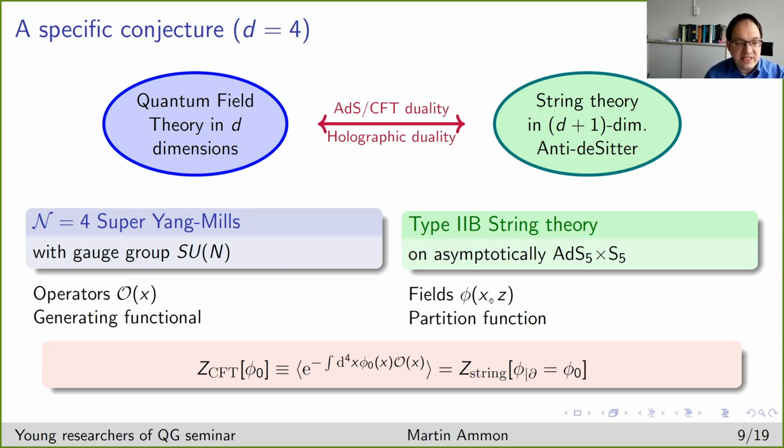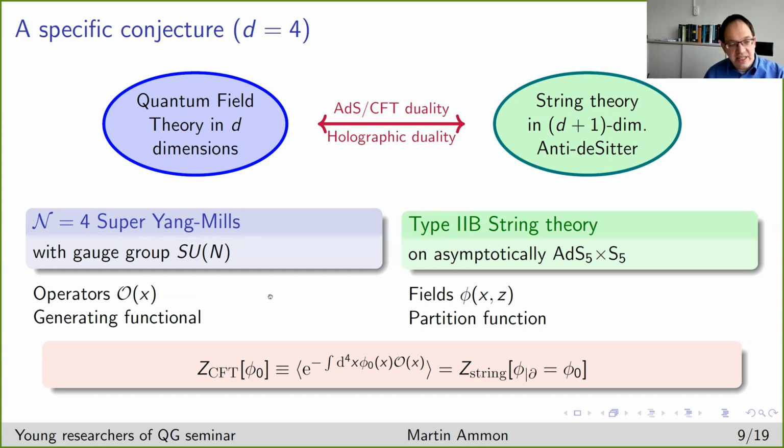And those fields, of course, depend on x, the coordinates of our Minkowski spacetime, and on this additional coordinate of our asymptotically anti-de Sitter spacetime. So this is basically mapping the degrees of freedom, like operators and fields.